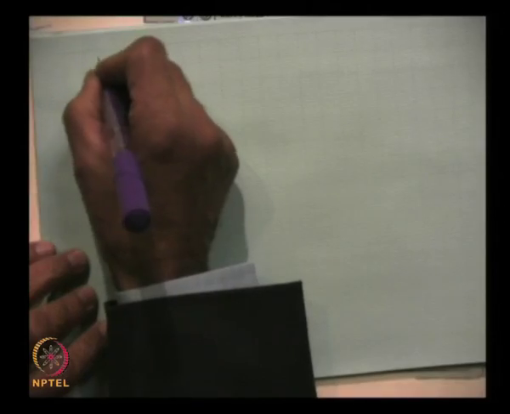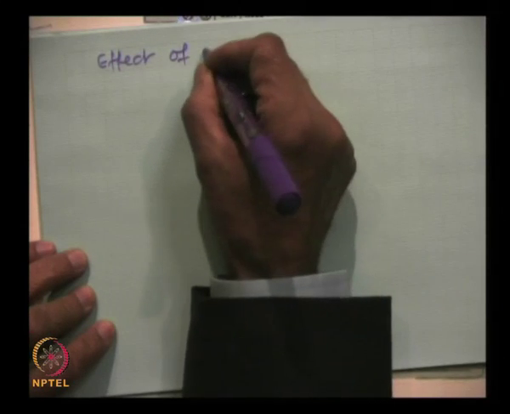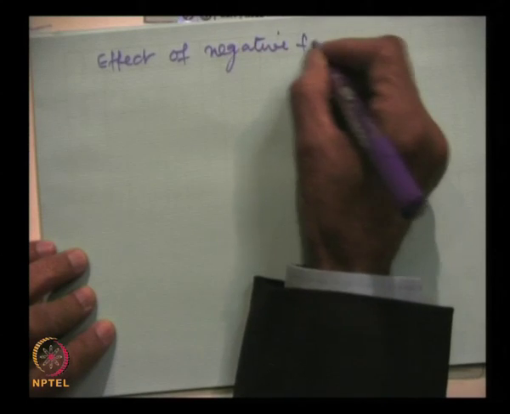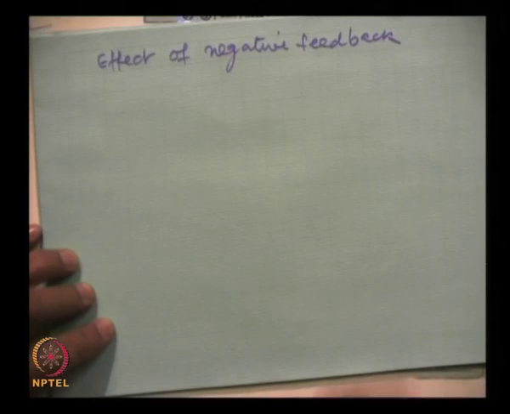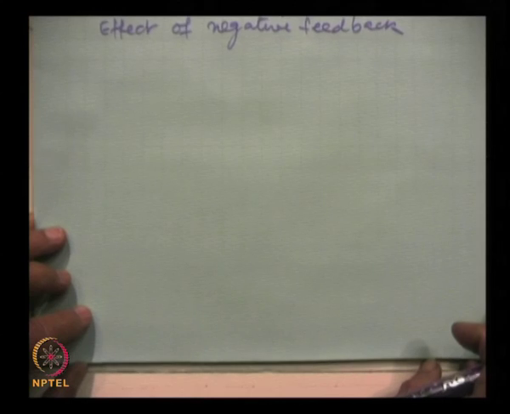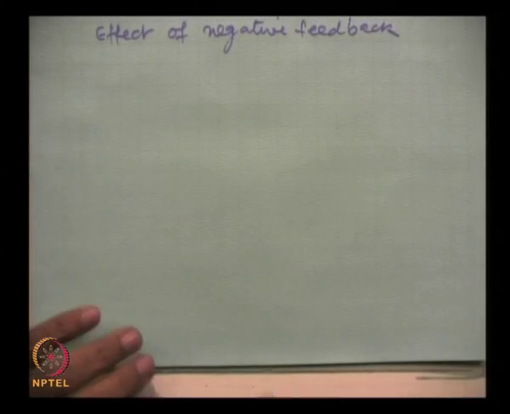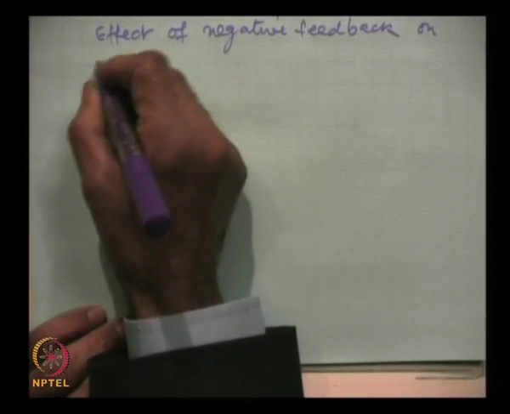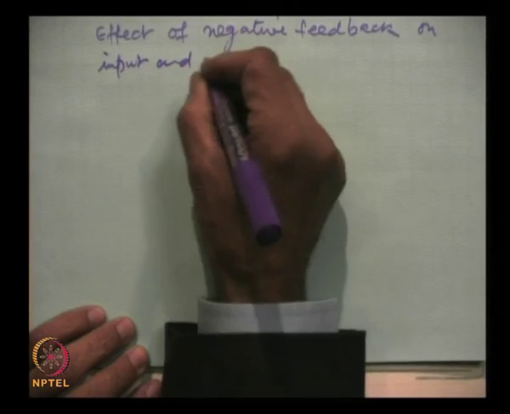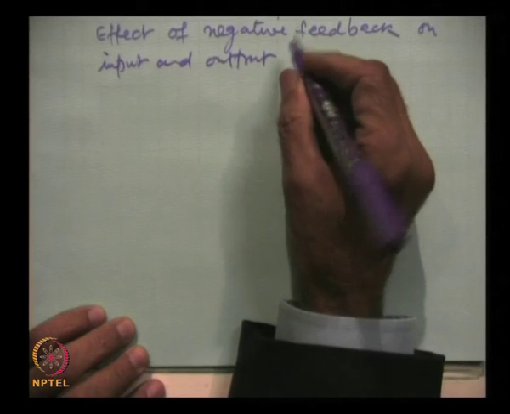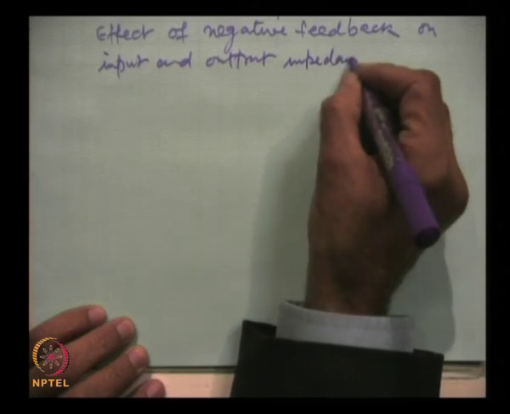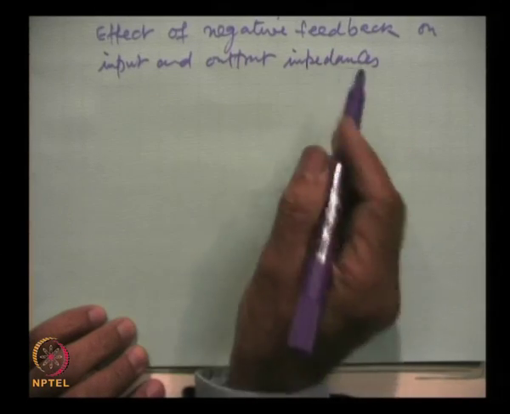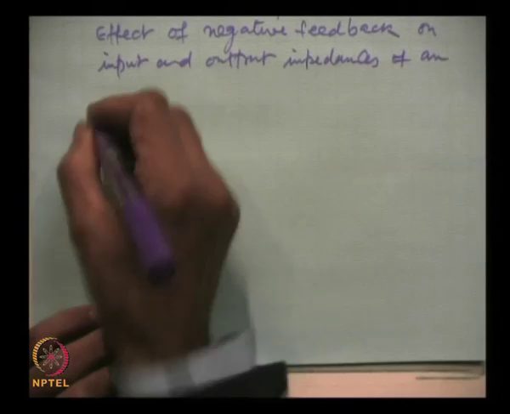Now we really see the effect of negative feedback on impedance levels: the effect of negative feedback on input and output impedances of an amplifier.